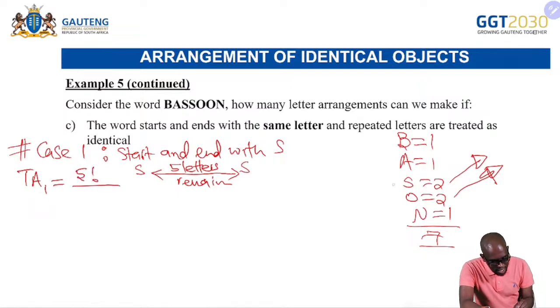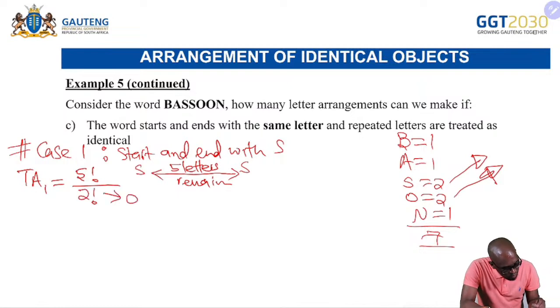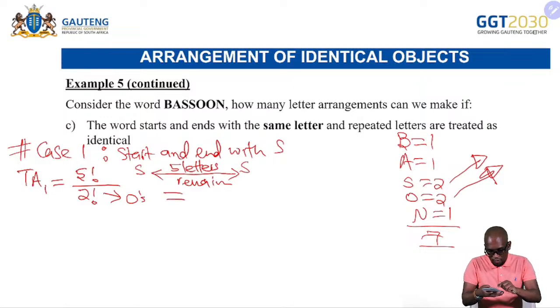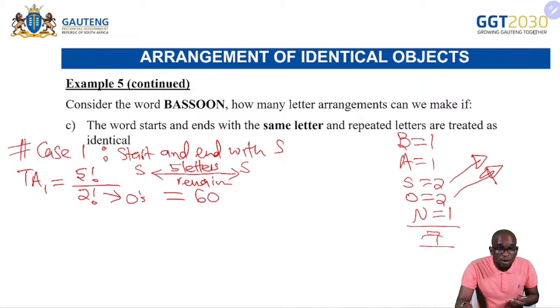If we started and ended with S, then only the O's are repeating, so divide by 2 factorial. This 2 factorial is for the O's. So our answer here would be 5 factorial over 2 factorial. This gives us 60 for case 1.